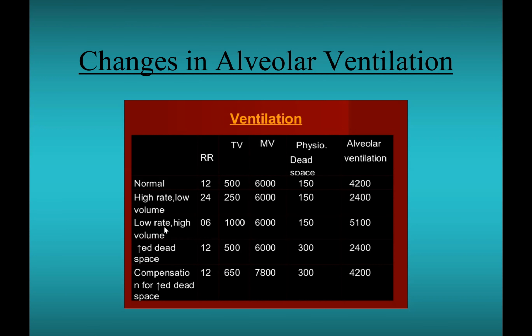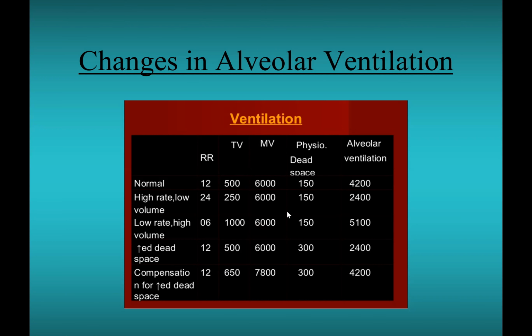We have a low rate, high volume. So the person is breathing 6 breaths per minute, which we know is not exactly ideal, but however, their body's not in any trouble because they're taking this 1,000 mL or 1 liter tidal volume, which is double what a typical person would do, right?